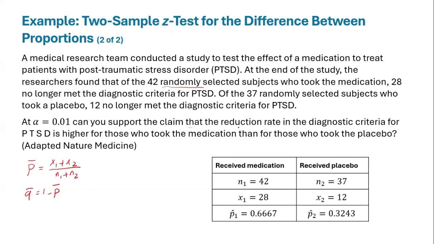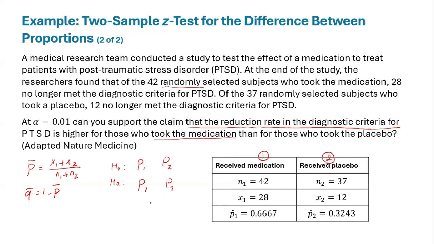The claim says that the reduction rate in the diagnostic criteria for PTSD is higher for those who took the medication, that means group 1, than those who took the placebo, group 2. So you know they are talking about the rate, the proportion. So when you are writing the null and alternative hypotheses, again, you will have p1 and p2.